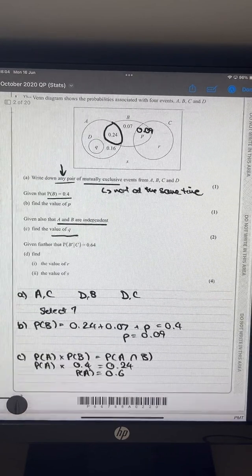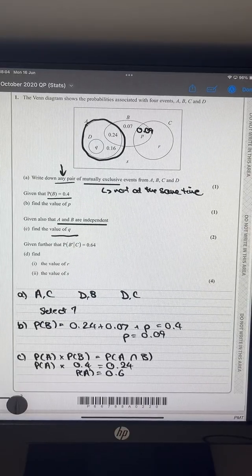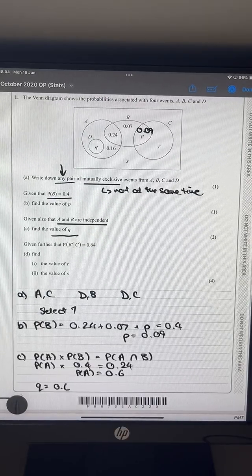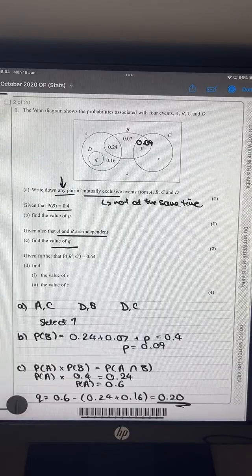They need me to find q. I know that everything in this A circle adds to give me 0.6. So q is just 0.6 subtract all of them added together, 0.24 plus 0.16. That gives us 0.2. So that is the value of q, which I'm going to put in straight away, 0.2.